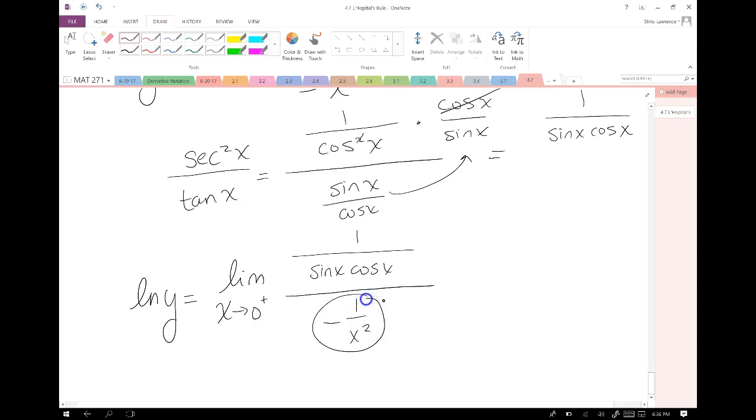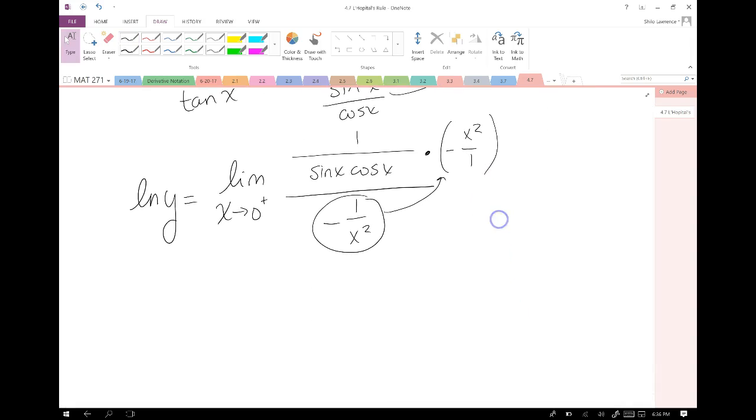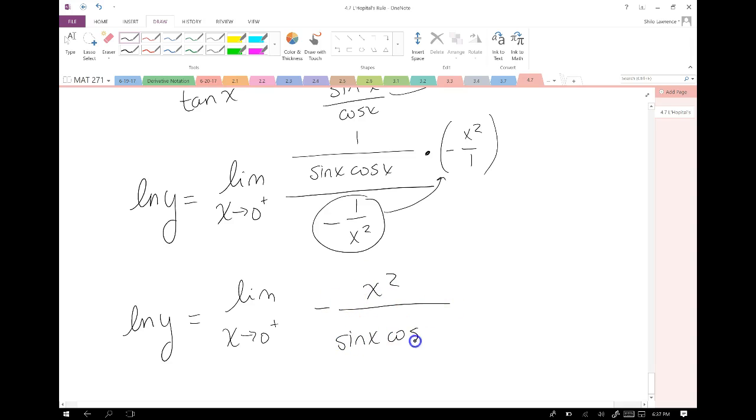Instead of dividing by a fraction, I'll flip and multiply. And we've got negative x squared over sine x cosine x.